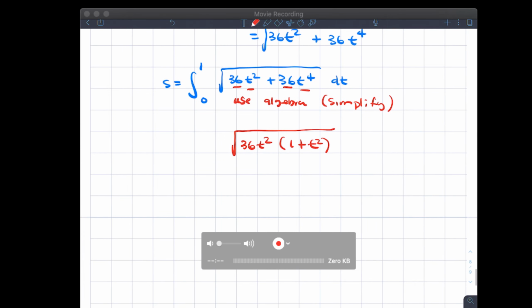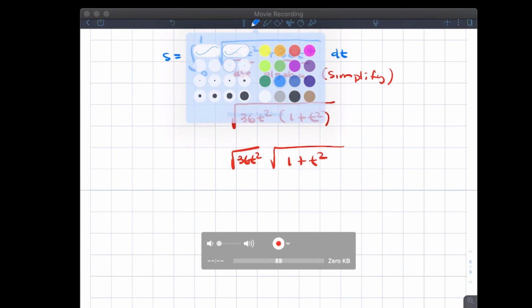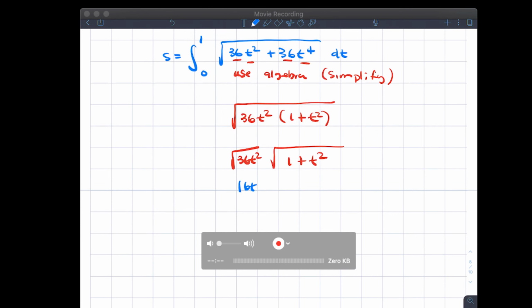All right. Properties of radicals, the product rule in a sense, right? The square root of a product is the product of square roots. And the square root of 36t squared is really, if you guys really want to know, the absolute value of 6t, right?